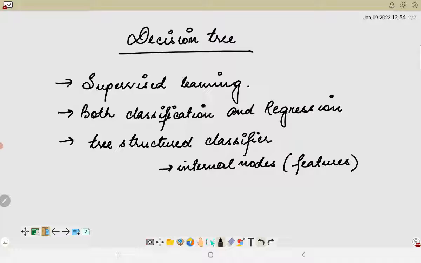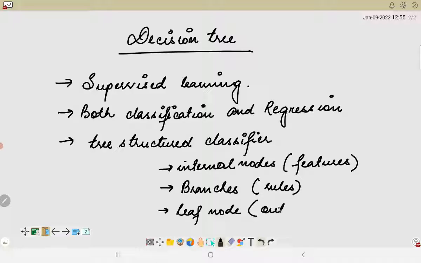Those will be considered in the internal nodes. There will be branches which represent the decision rules based on which the decision would be taken, and there is also a leaf node. This leaf node represents the outcome, that means the result. These three different components form the tree structured classifier, which is known as a decision tree.